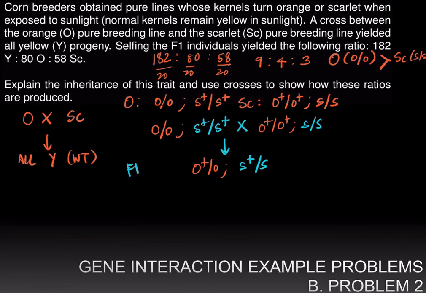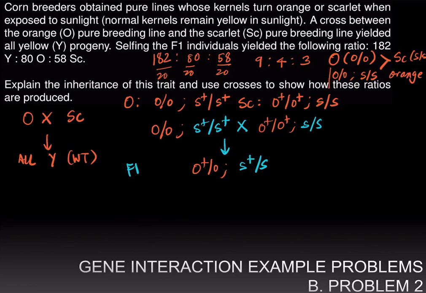Recalling the fact that epistasis means that in the double mutant, which is the genotype little o, little o, little s, little s, homozygous for the mutant alleles of both genes, the phenotype is of the gene that hides the other mutant. That means if orange is epistatic to scarlet, the double mutant will have a phenotype of orange.